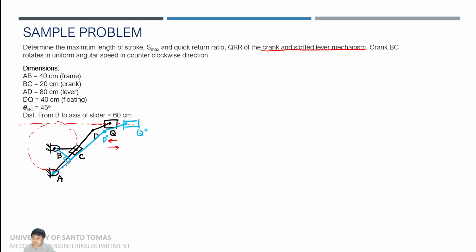The other extreme position will also be the perpendicular position right here. So you have this D prime, and then you have Q prime, and this will be your other extreme position.